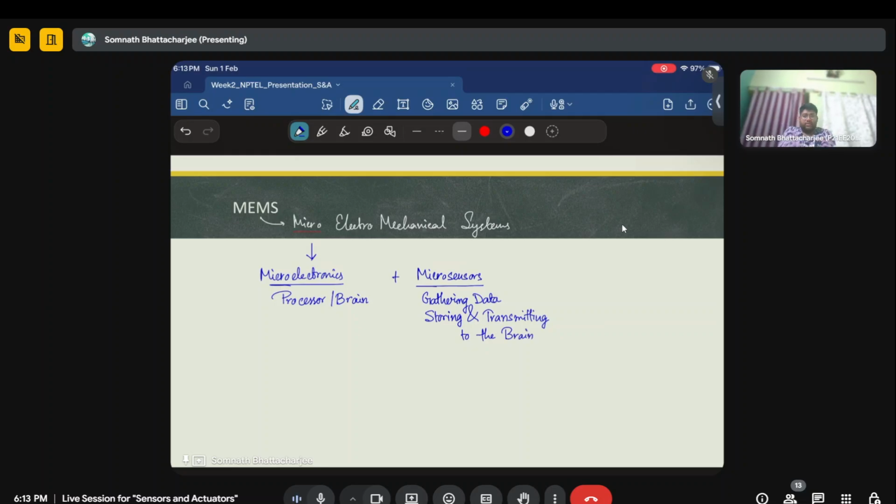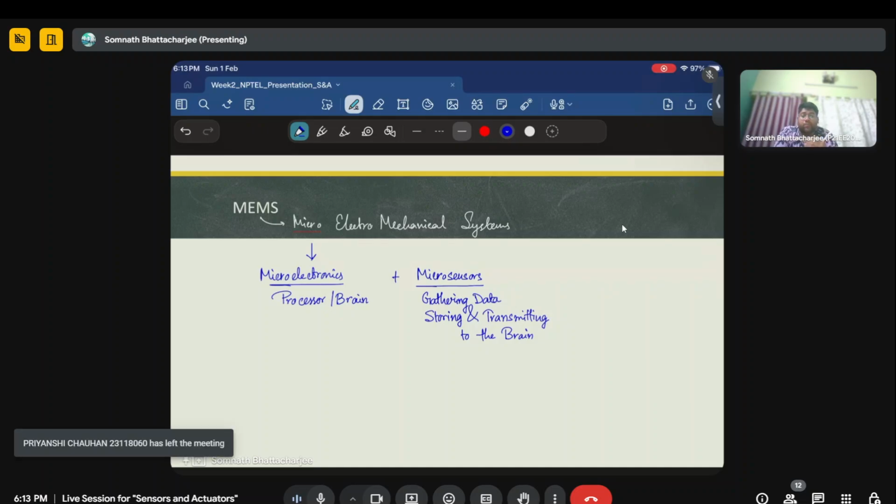It gathers data from the environment or the nearby location, and based on that, it stores some of the data, very few obviously, and also transmits the data to the brain. The brain processes the data, and based on that, it gives outputs to the actuators.